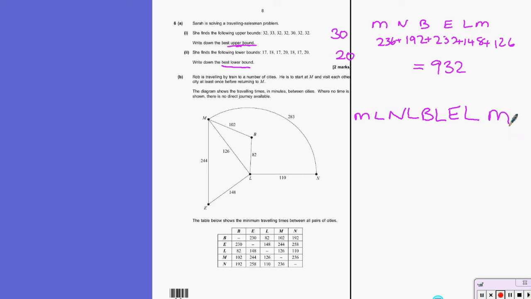So that is the actual route that you will take, even though it's not the route that we've got in our details.